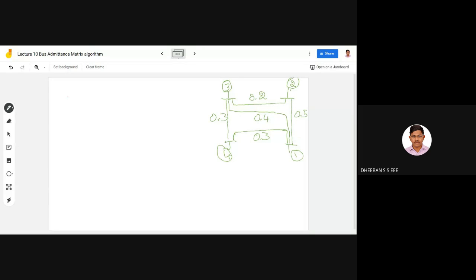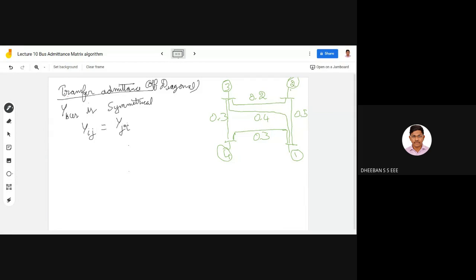Since Y bus is symmetrical, your yij value will be equal to yji.